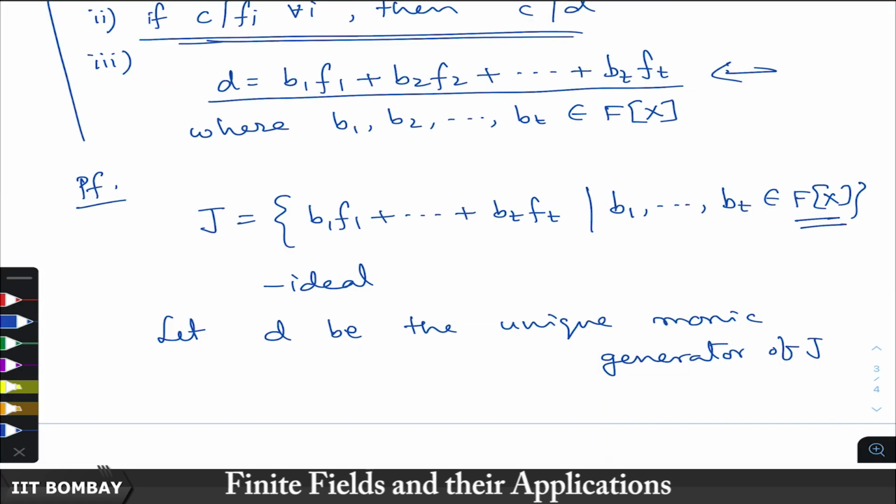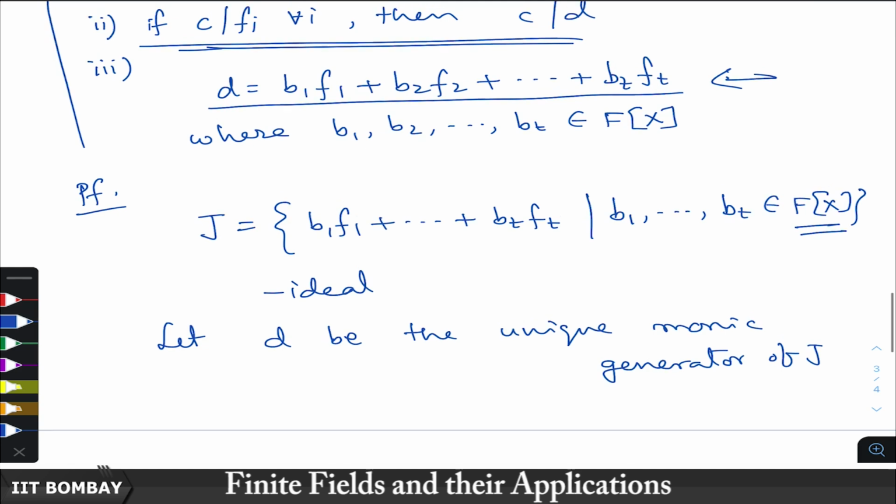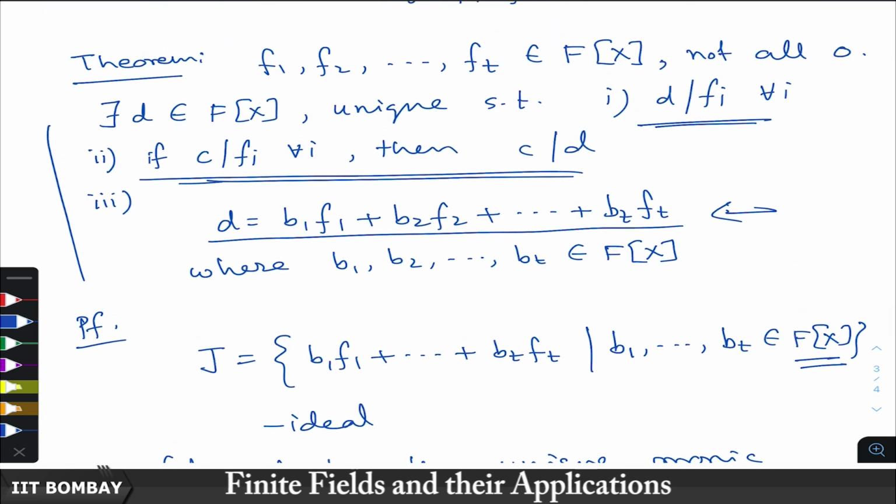Now, we have already seen that this d will generate this ideal. So, d divides all the polynomials in the ideal, in particular f1, f2 up to ft, because those are also elements in this ideal. By taking b1 equal to 1 and all the other b2, b3 up to bt to be 0, we get f1, and similarly every other polynomial can be obtained, and they are in this ideal.